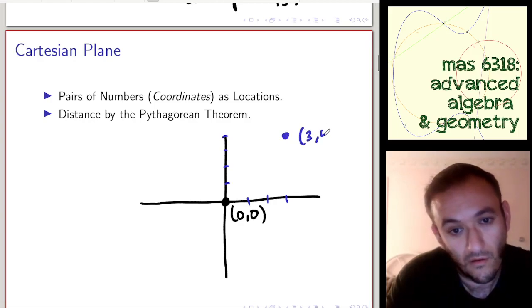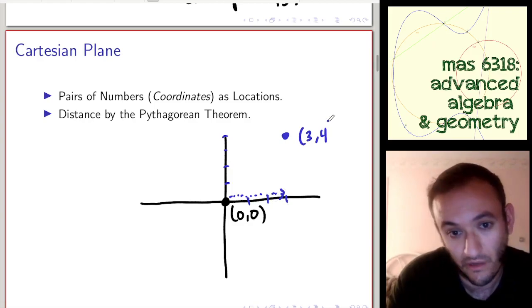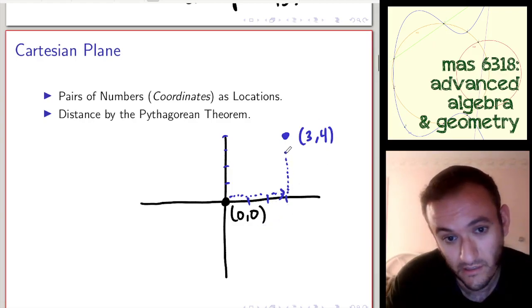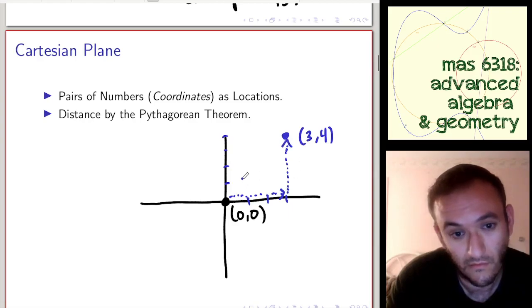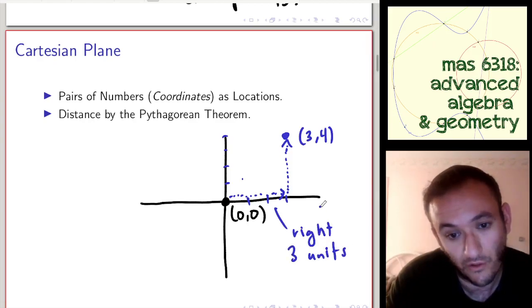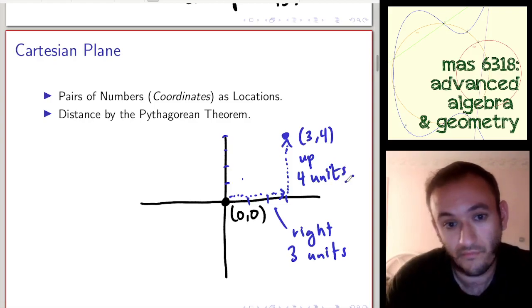by walking along the horizontal axis as if it's a number line. So you walk along 3 units, and then you walk up 4 units. Going right 3 units, followed by up 4 units, gives you the point 3, 4.